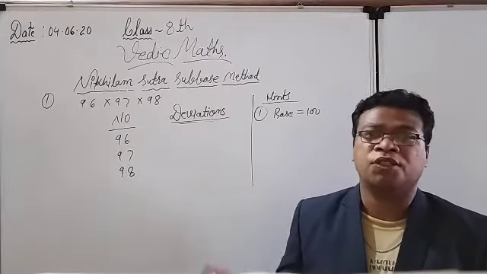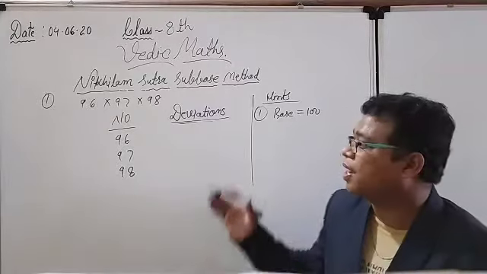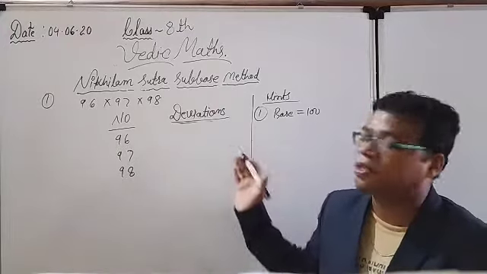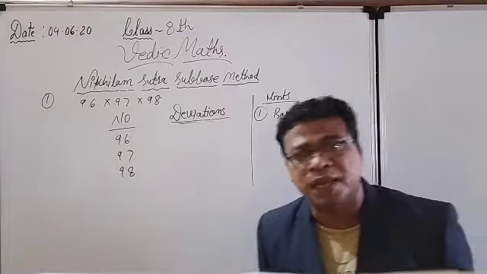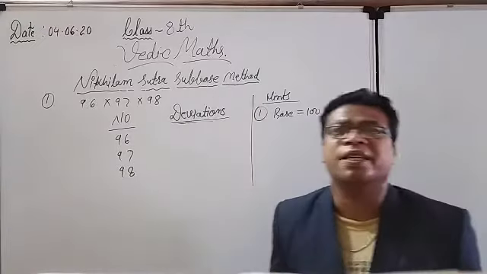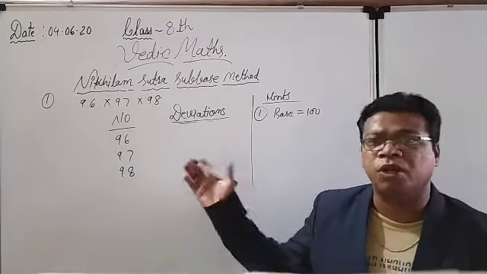By both methods you will get the same answer. I will solve both ways also and tell you how the answer is going to be the same, but that method is a little complex and lengthy.